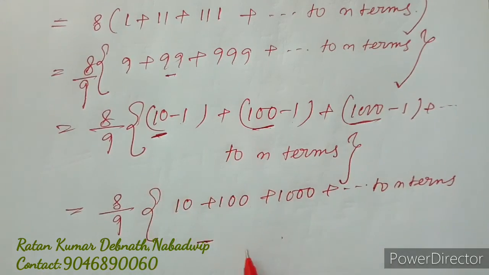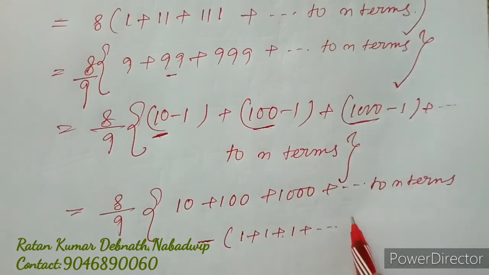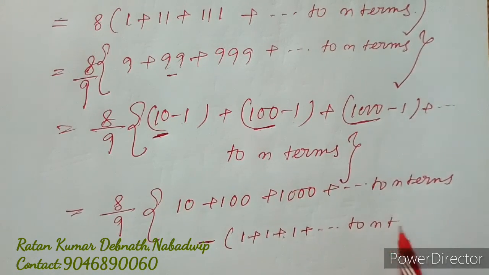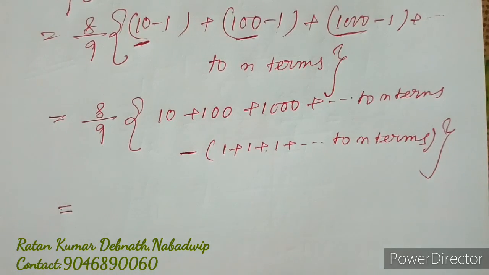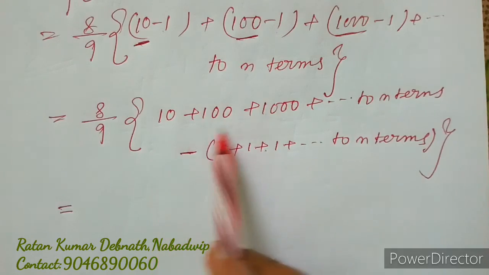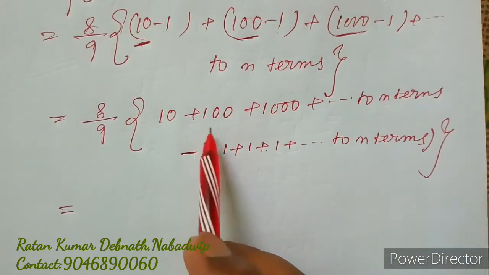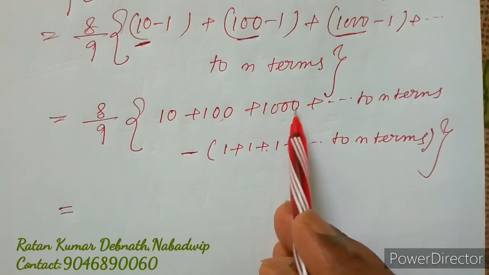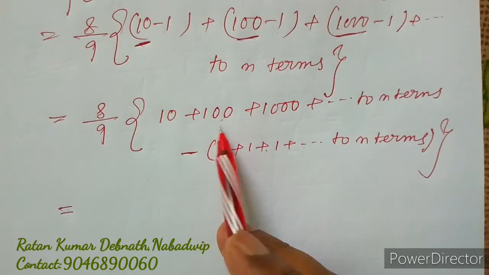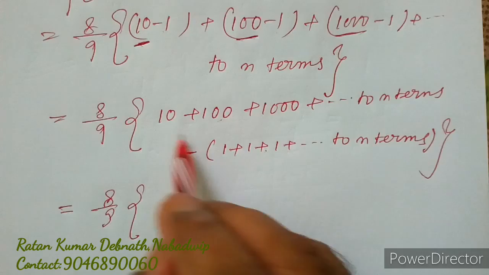We can take the negative common, so we get 1 plus 1 plus 1 plus dot dot dot to n terms. Now you clearly see that the first series is in GP, because if you divide 100 by 10 you will get 10. If you divide 1000 by 100 you will also get 10.